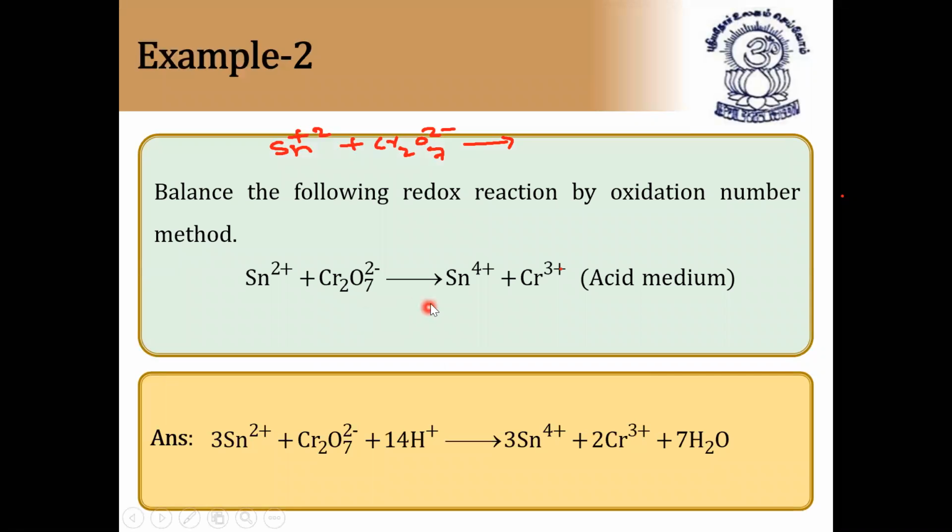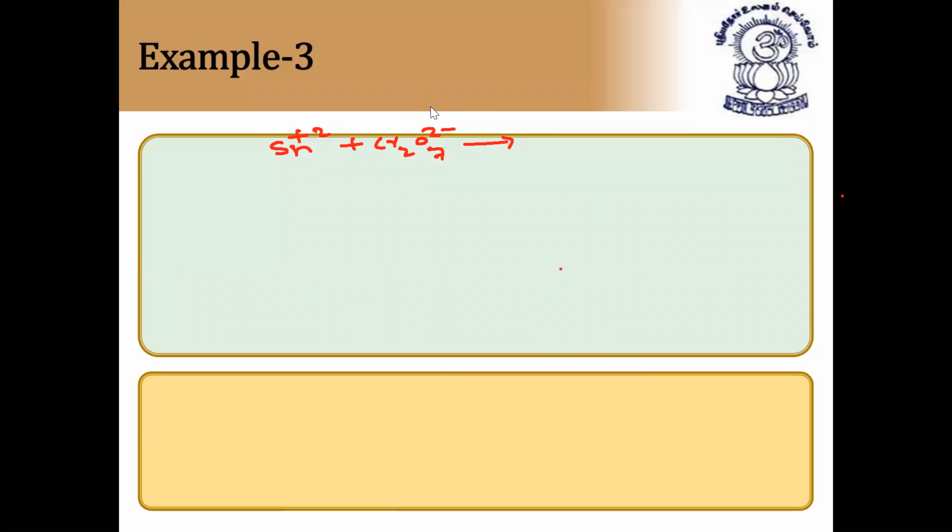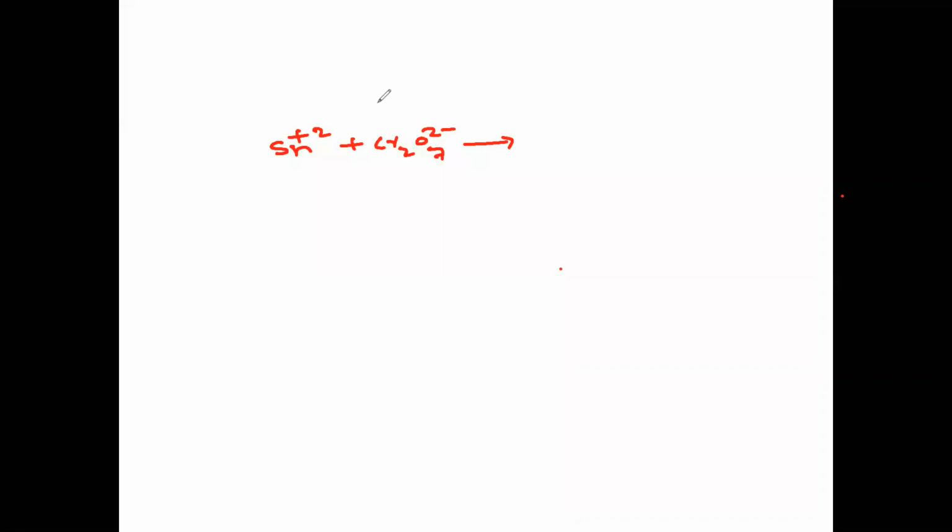Yes, Sn plus 2 plus Cr2O7 2 minus gives Sn plus 4 plus Cr plus 3.